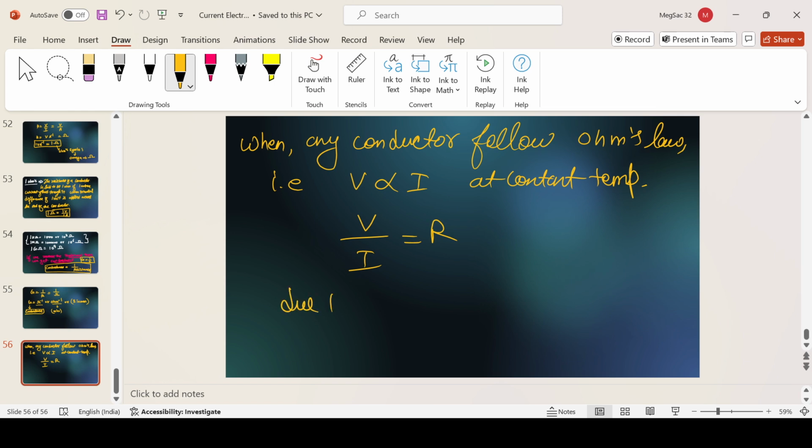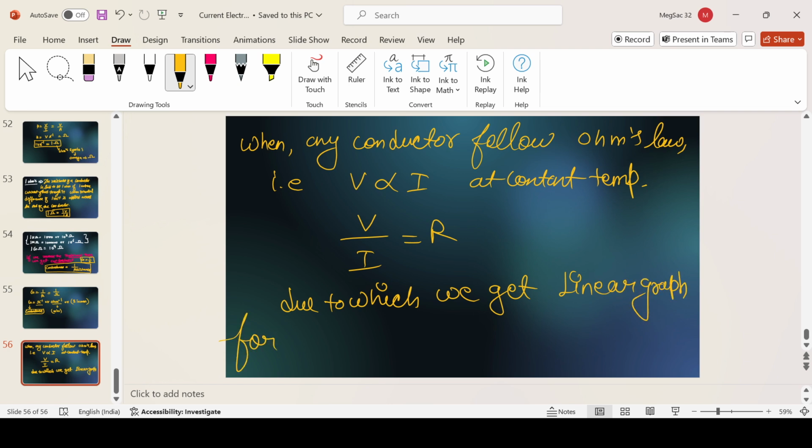Yes. Due to which we get a linear graph for V and I.